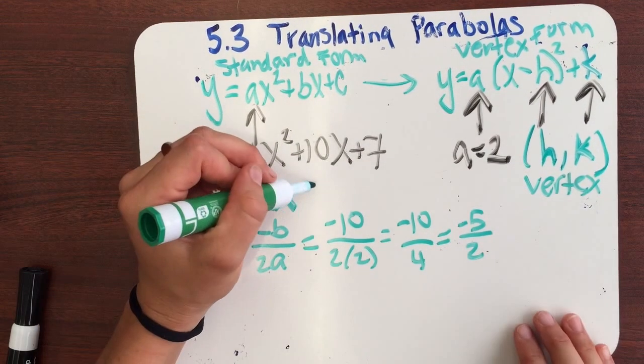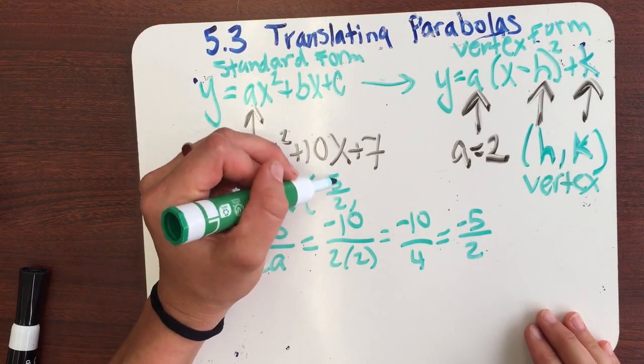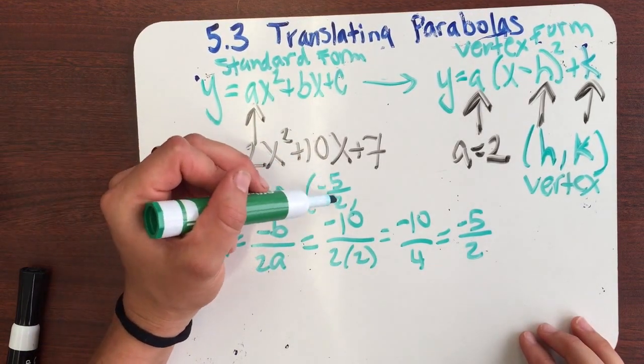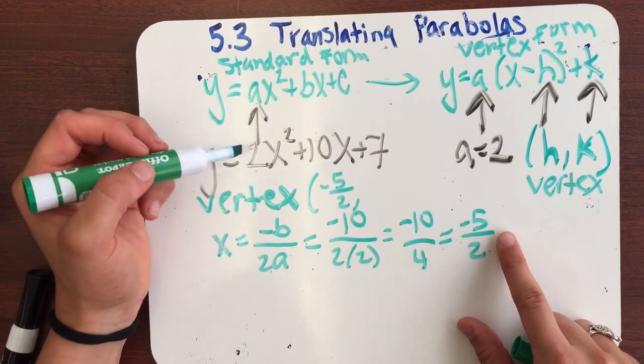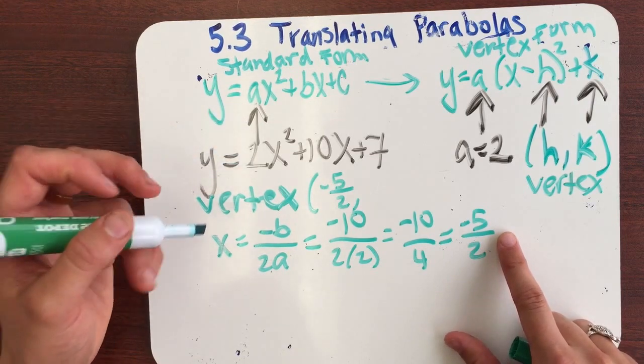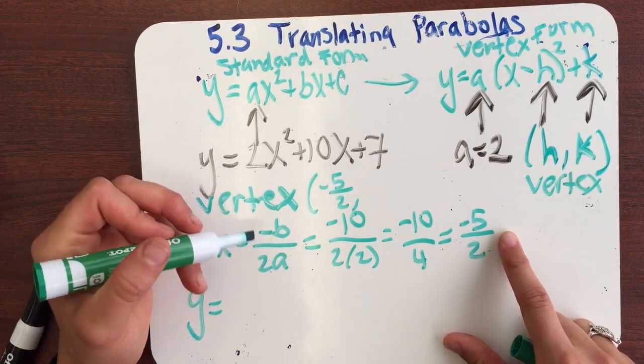That will be the x coordinate of your vertex, negative 5 over 2, which is the same as negative 2.5 because half of 5 is 2.5. Now we're going to plug in negative 5 over 2 into our standard form here, in order to find the y coordinate of your vertex.